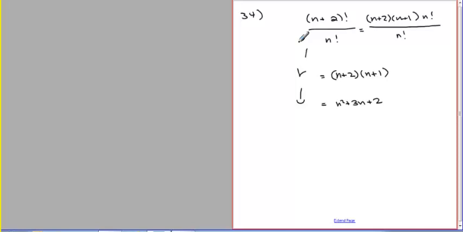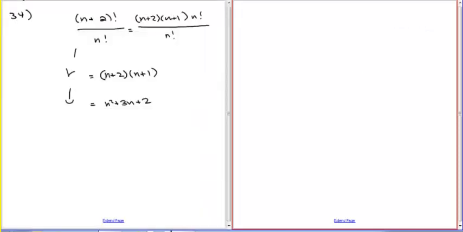I'm just looking at the other problems to see if there's anything worth doing. I think we're okay. Okay, 38 is the next one. Find the limit, if possible, of the sequence. So this is 38.